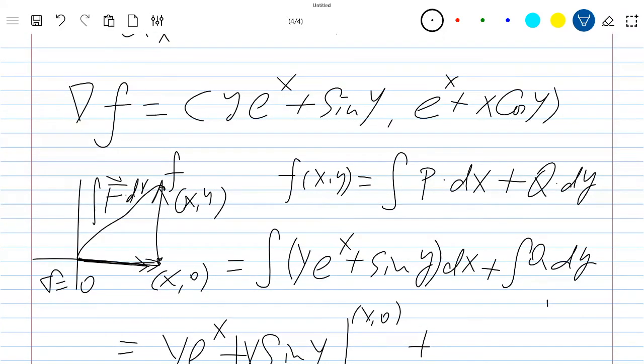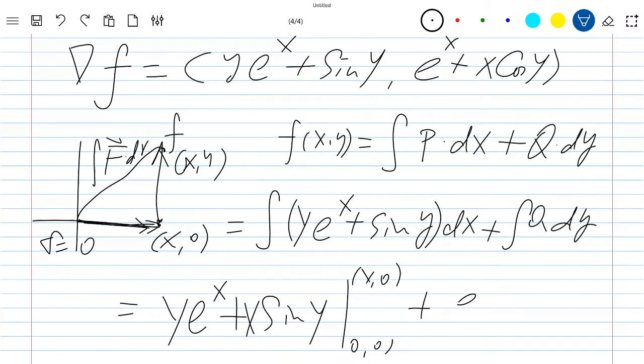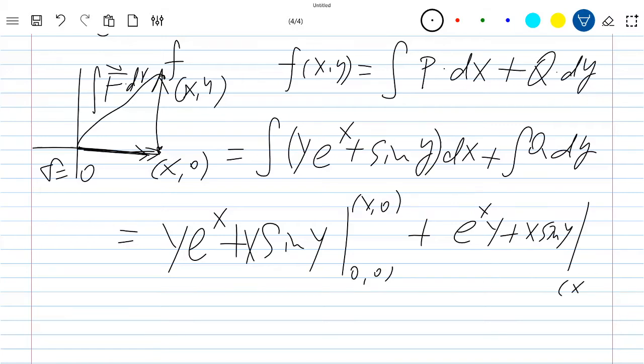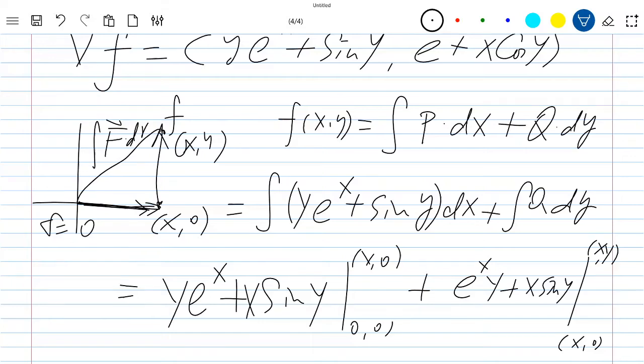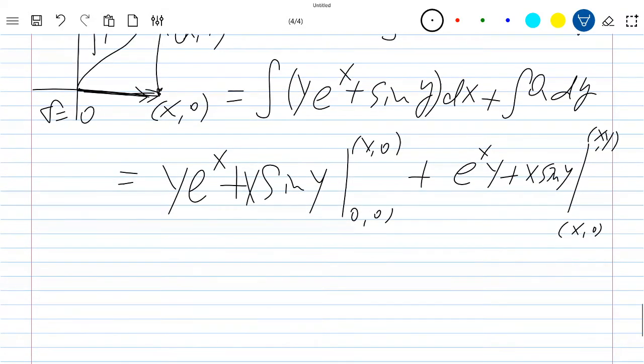Plug in Q, integrate over that, and you get e to the x times y plus x sine y, and you plug in the two limits from (x, 0) to (x, y).